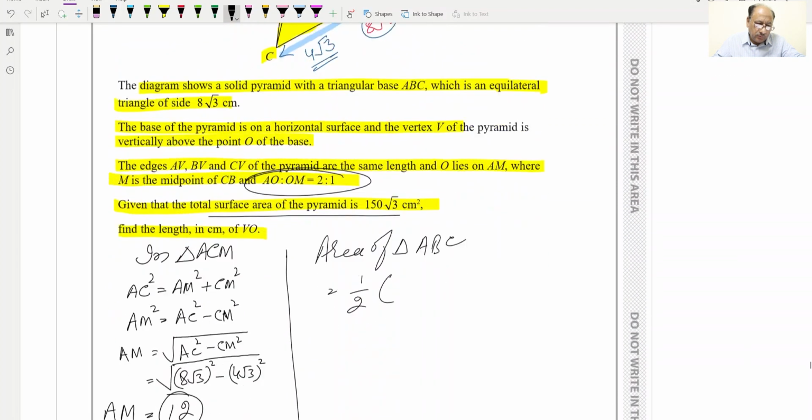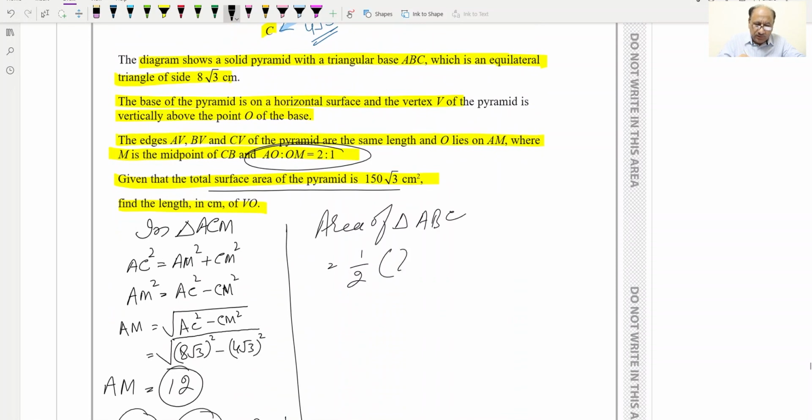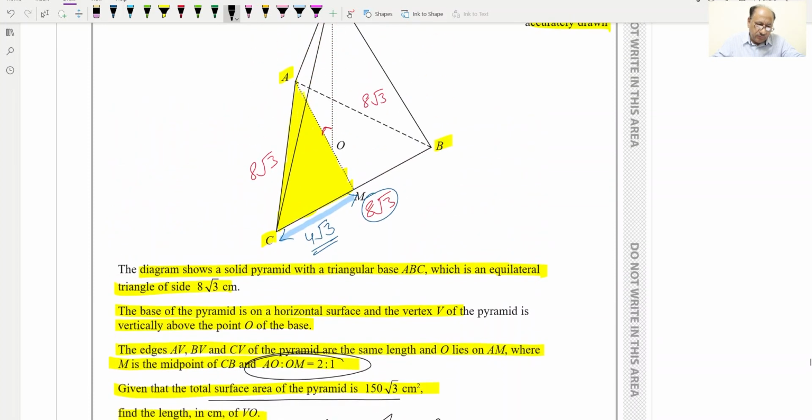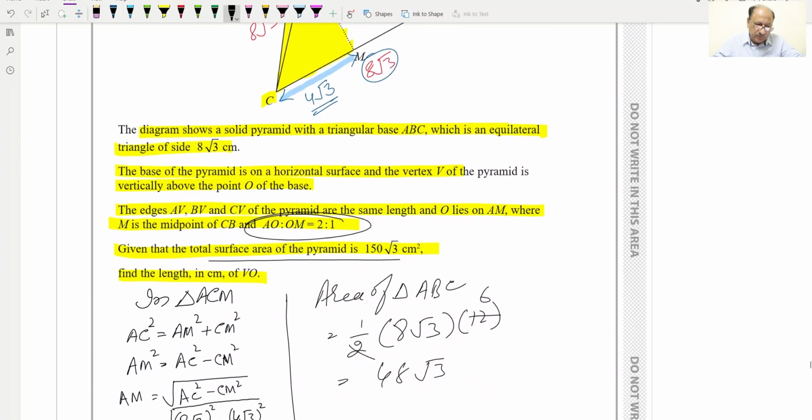So 8√3 into 12, and this will be 48√3. This will be the area of triangle ABC.